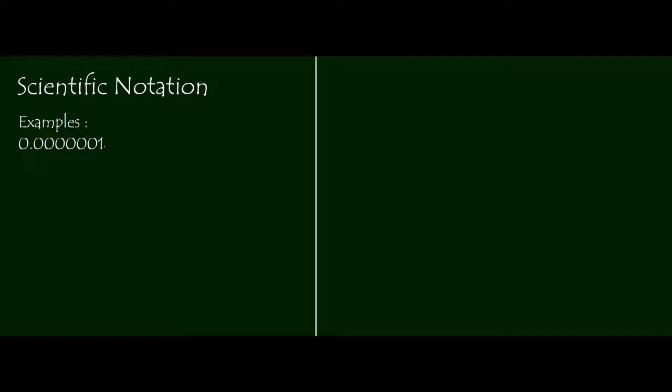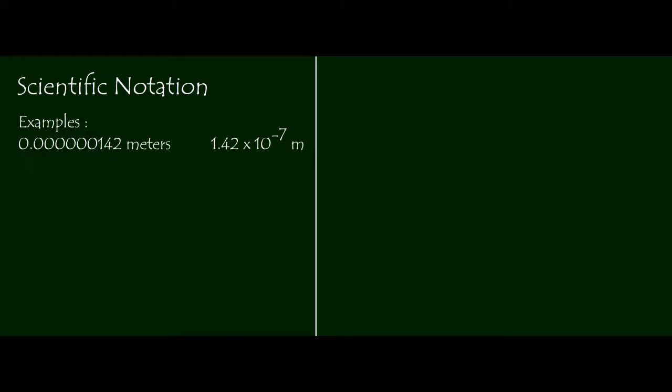So what we need to do is make that 1 be just to the left of the decimal point. In order to do that, we count how many decimal places it'll take, and we can see that it's 7. And since we're moving the 1 to the left, it'll be to the negative 7th. So that's 1.42 times 10 to the negative 7th meters.